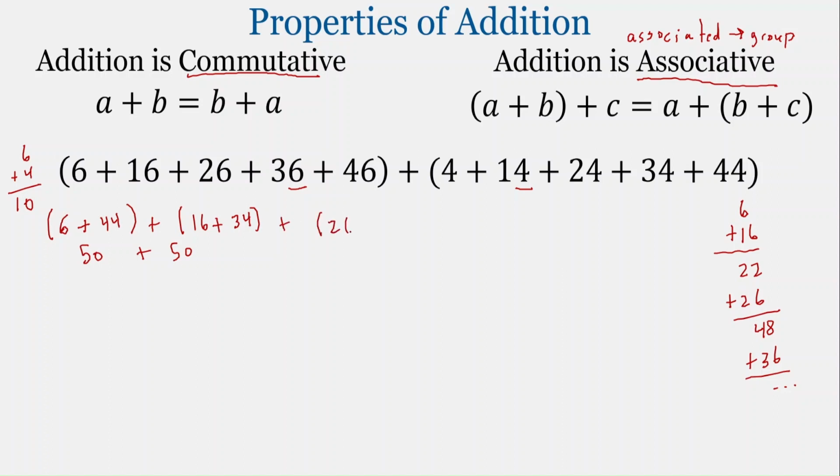Let's see, 26 plus 24. Well, that's another 50. And then we have 36 plus 14. Well, we got another 50. And then finally, 46 plus 4. And that's another 50. So now we have 50 plus 50 plus 50 plus 50 plus 50. And that'll give us 250.